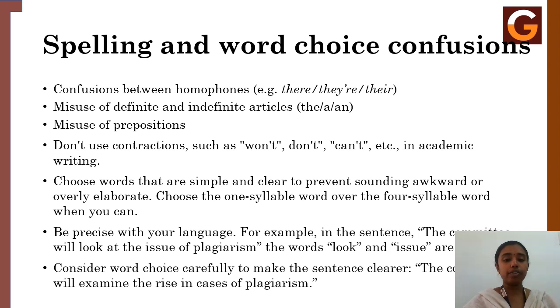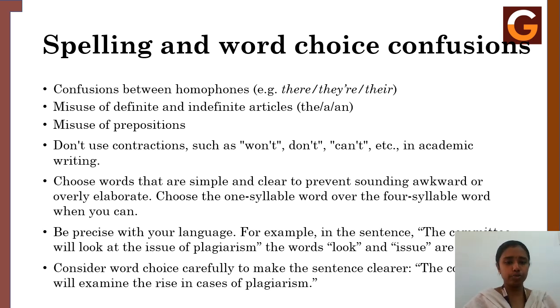And misuse of definite articles also plays a major role in word choice confusions, so that also needs to be looked at. And misuse of prepositions. Prepositions are again a very common mistake that you can find; some people are ignorant of where to use the exact prepositions.